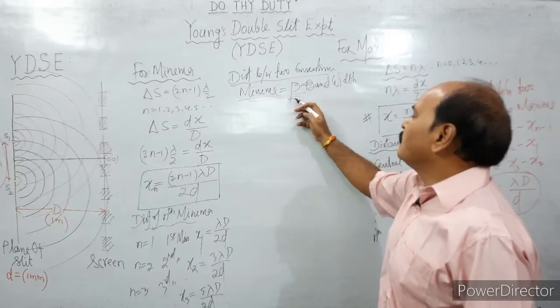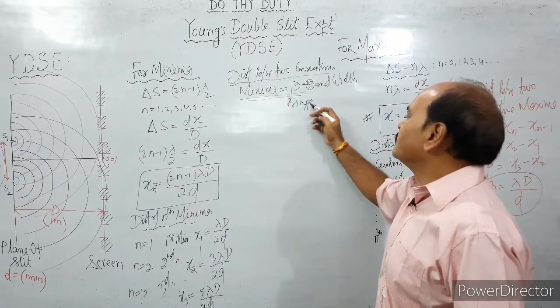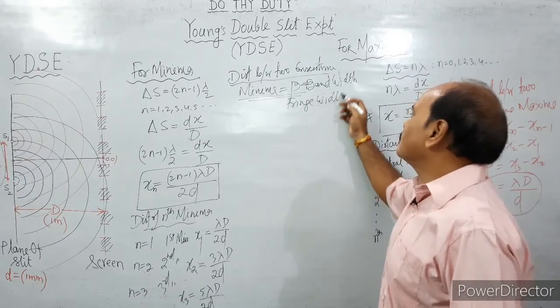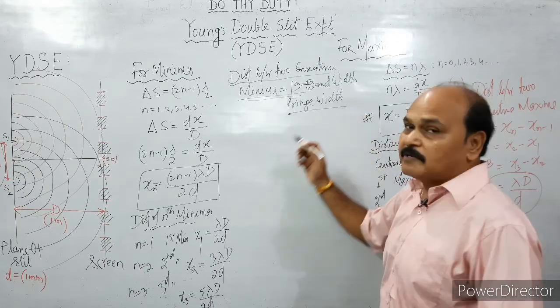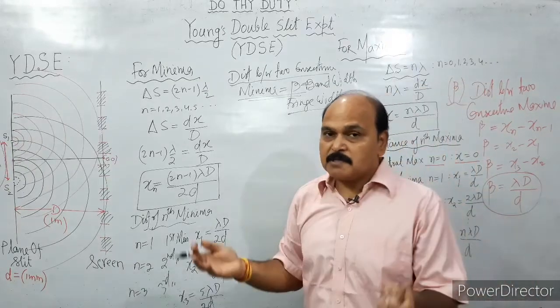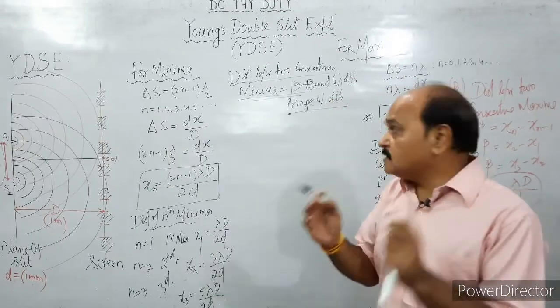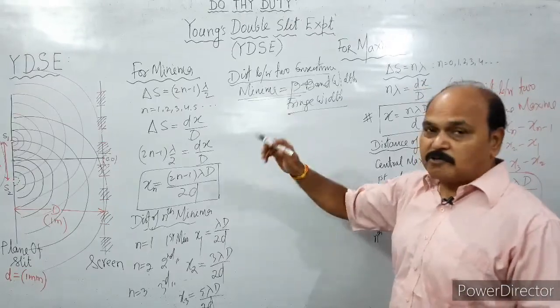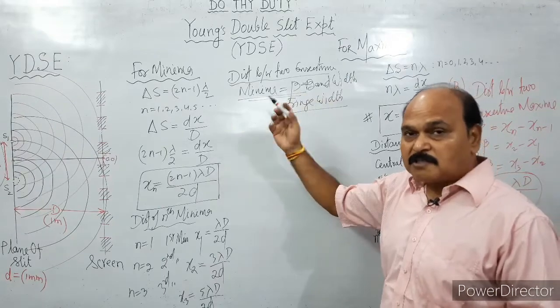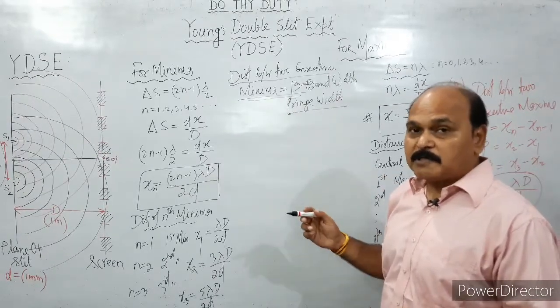Or it is also called fringe width. The fringe width or bandwidth, the bands, maximas or minimas, bright band or dark band which are formed, their width is defined as the distance between two consecutive maximas or the distance between two consecutive minimas.